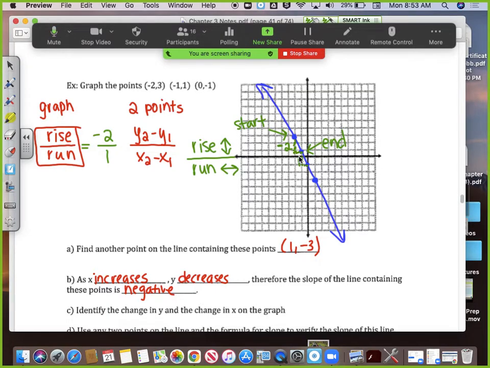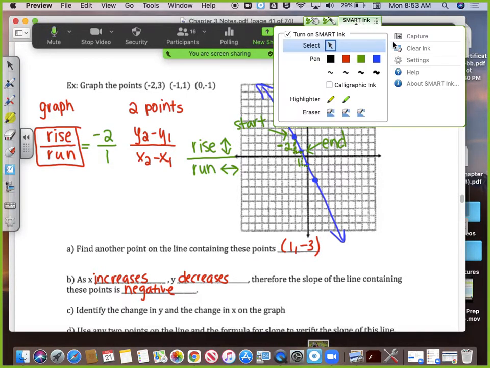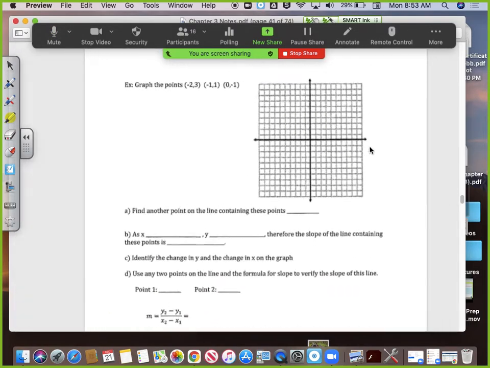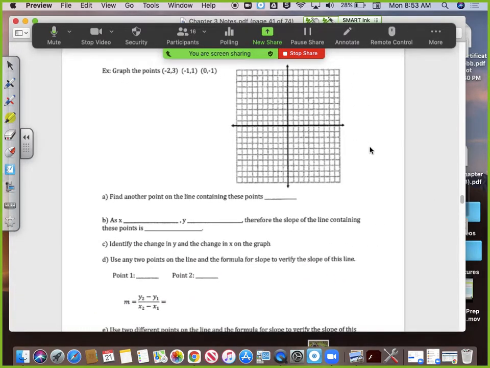And I can find it with the graph, just counting and using the rise over run method, or I can use the formula to find the slope of the line. So let me clear this out and scroll down so I can use the formula here. So you can use any 2 points that you want. I'm just going to use the first 2 points, and the first 2 points are -2, 3 and -1, 1.